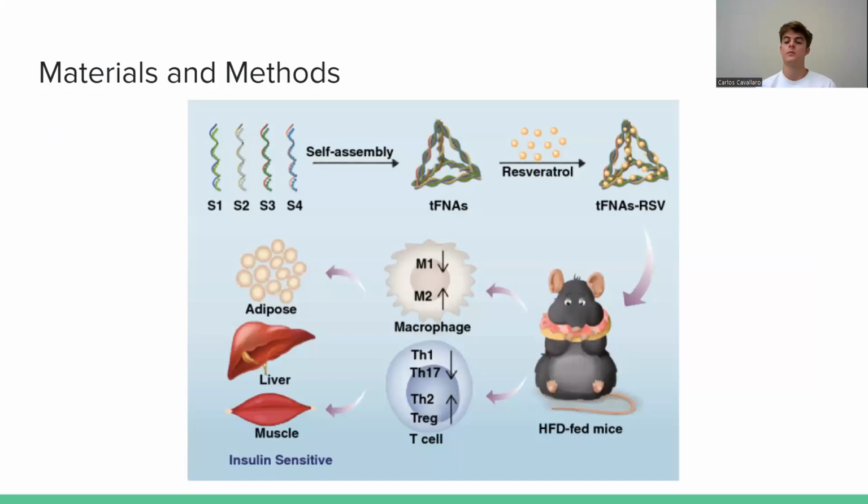So basically what they started out by doing, they took 4 single-stranded DNA strands, and out of these 4 strands they wanted to make this tFNA nanomaterial.